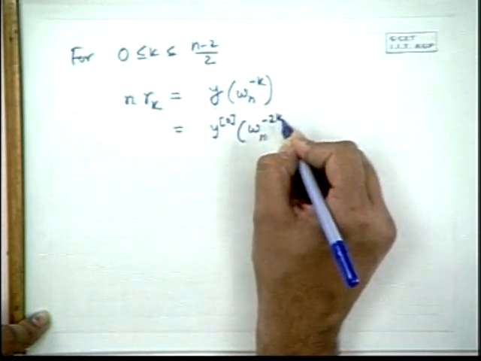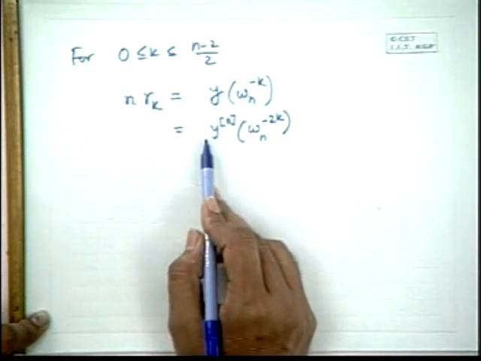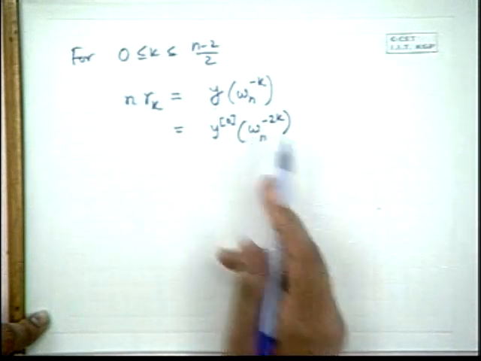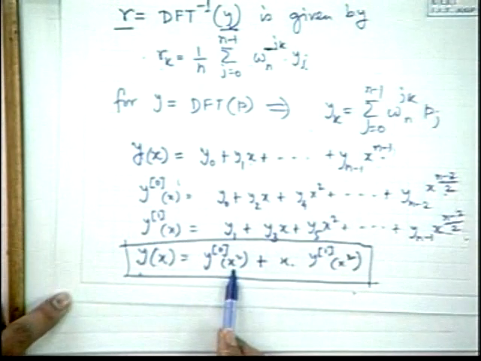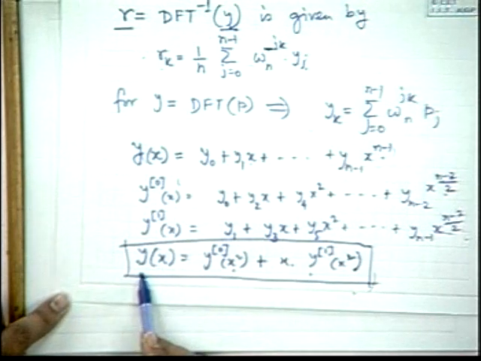Already we have expressed y(x) in terms of y0 and y1 by that formula: y(x) is y0(x squared) plus x y1(x squared). We use this formula now, with x equal to w to the power n minus k.